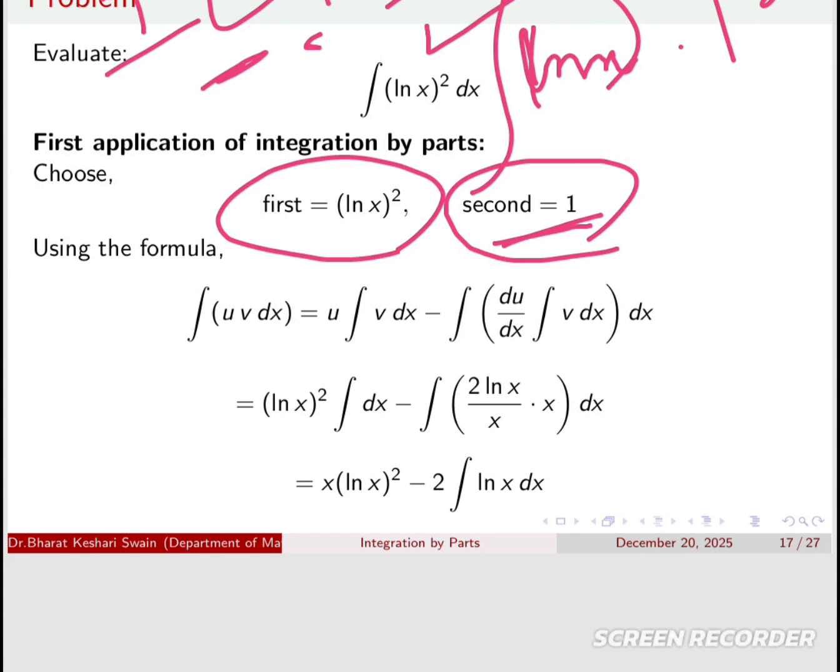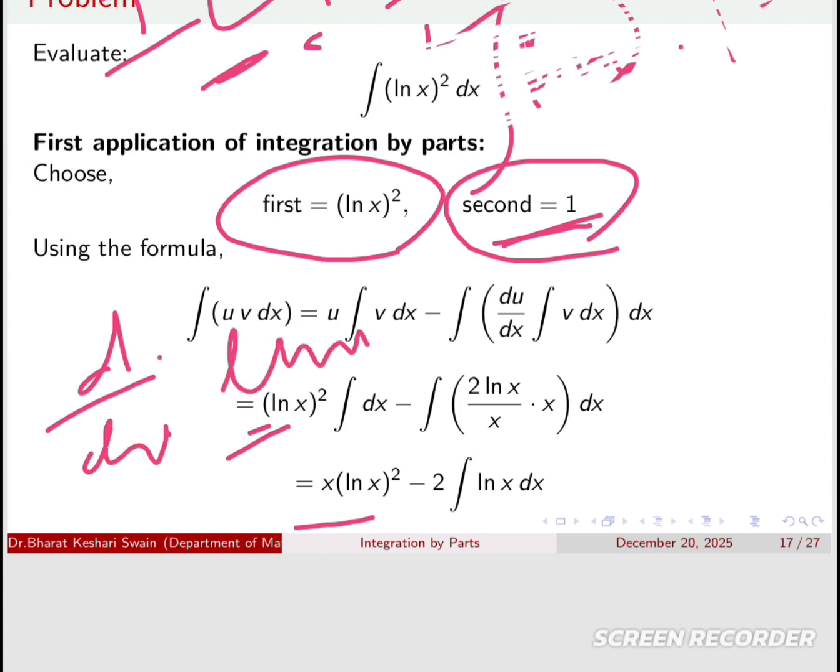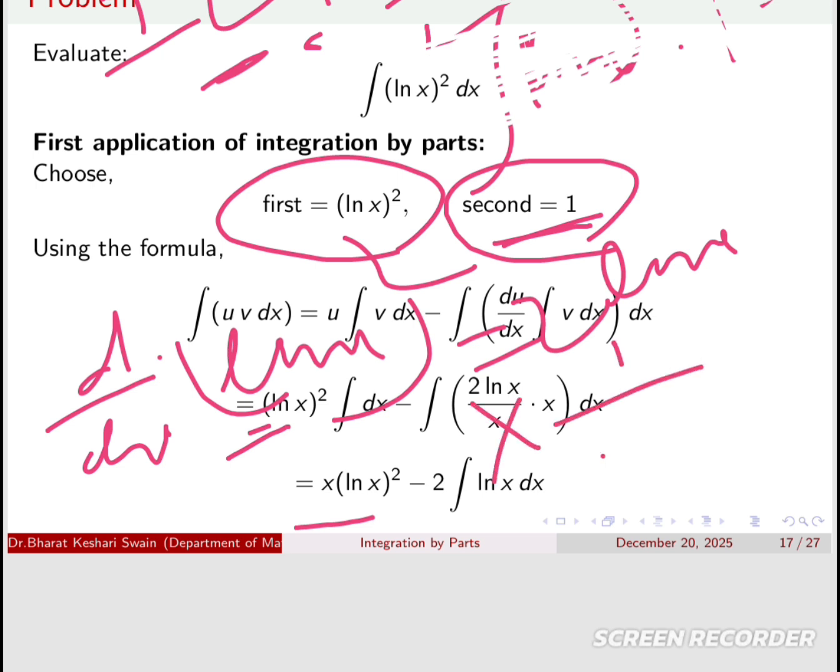So applying the by parts formula: first into integration of second, that means integration of 1 is x, so x ln x whole square minus derivative of first, that means derivative of ln x whole square, so 2 ln x into 1 by x, because derivative of ln x is 1 by x.